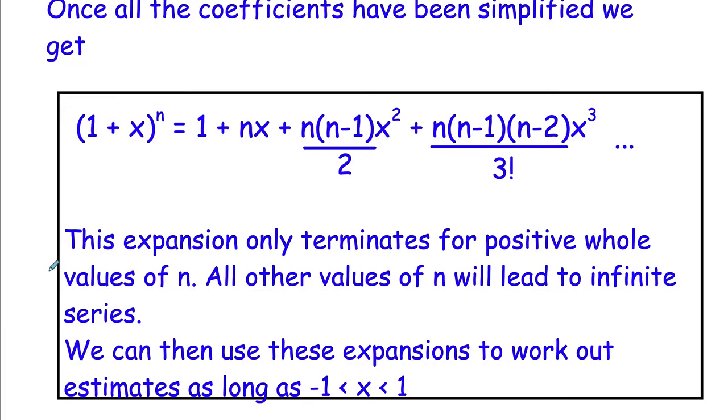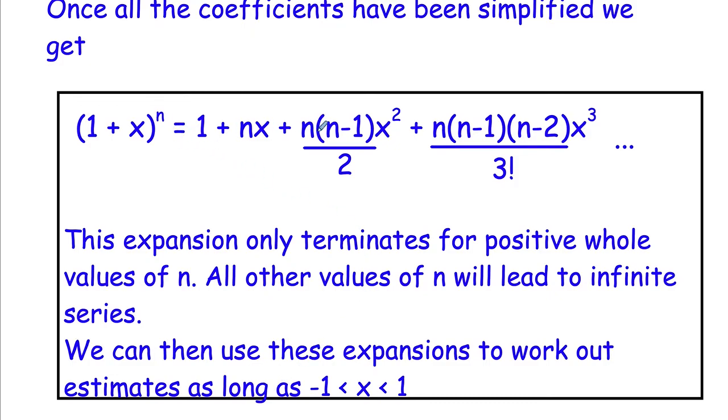The reason for that is because as the powers of x increase, if you imagine x being, say, 0.2, 0.2 cubed is a pretty small number. 0.2 to the power of 4 is even smaller. 0.2 to the power of 7 is absolutely tiny and won't provide much help to an estimate that we, say, need to round to 2 decimal places or 3 significant figures.